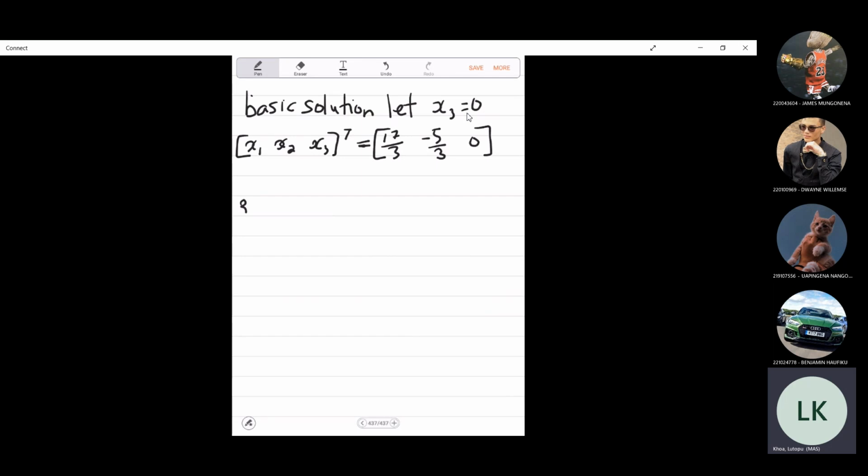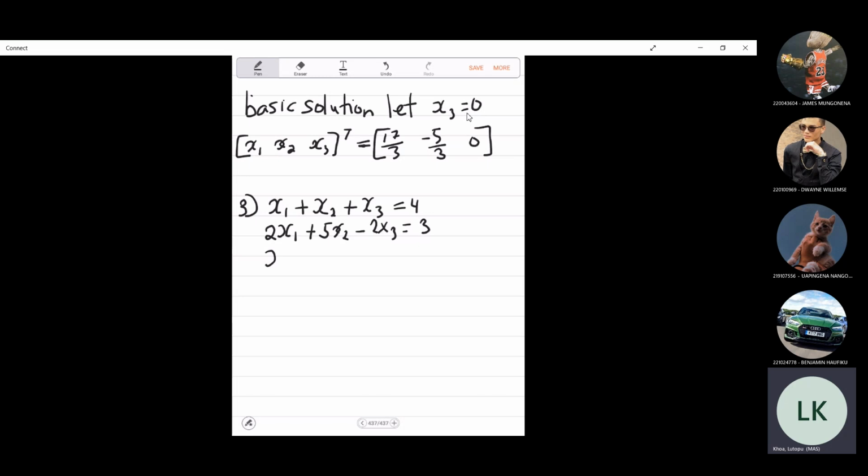And number 3, very quickly, we have x1 plus x2 plus x3 is equal to 4. 2x1 plus 5x2 minus 2x3 is equal to 3.